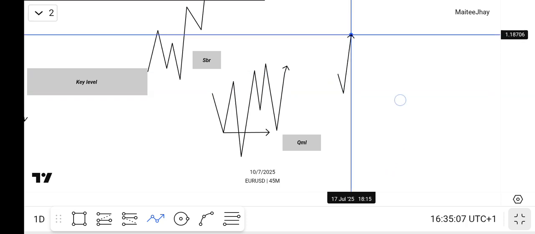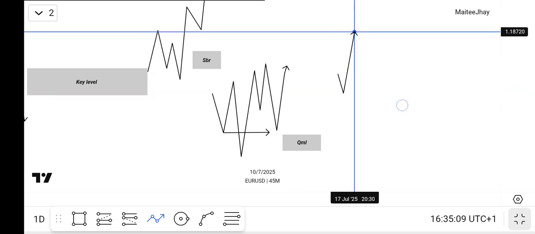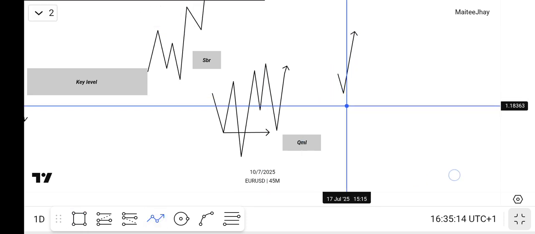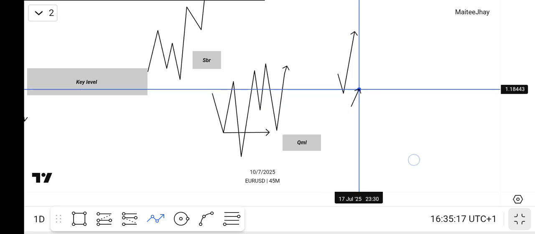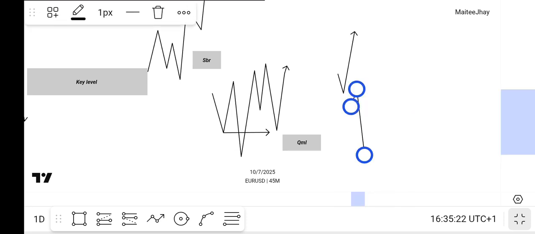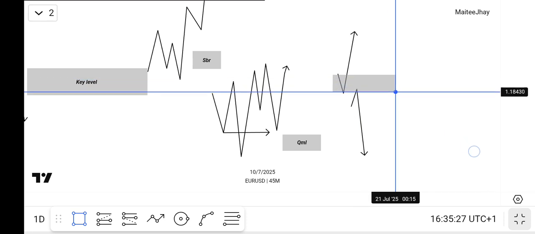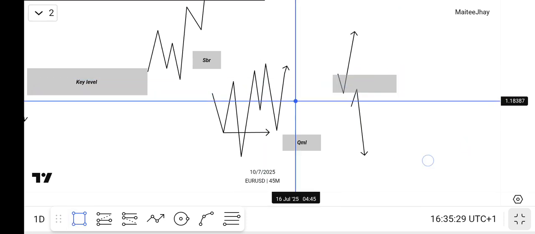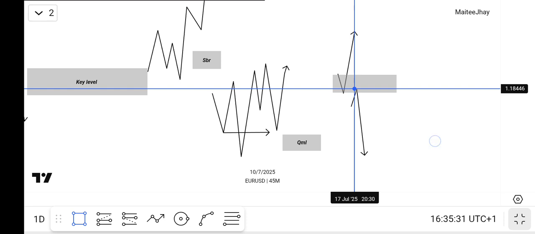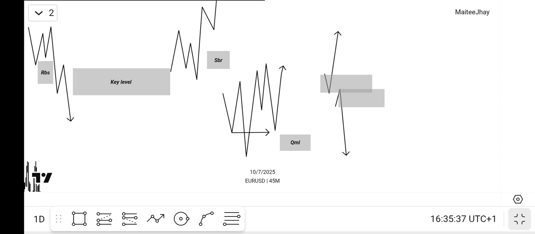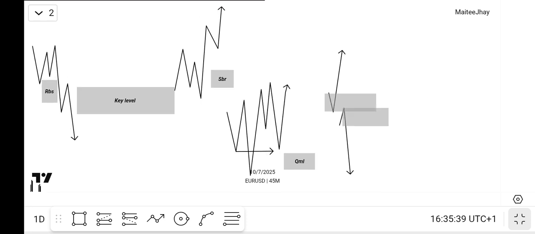Bullish candle, bearish candle, bullish candle engulfs it, and then bullish candle, bearish candle engulfs it, which makes this a bullish order block, and then this a bearish order block. So this is it about the key levels.